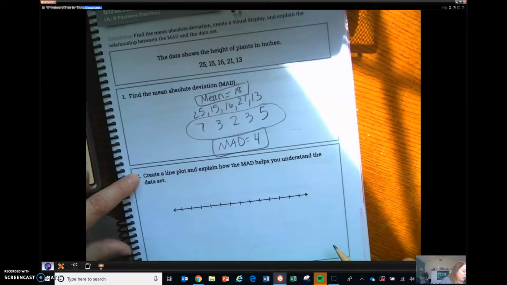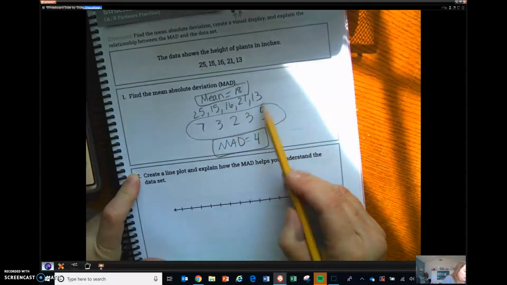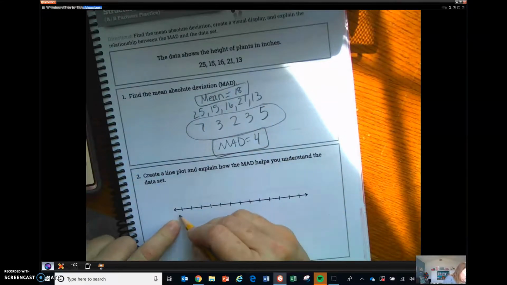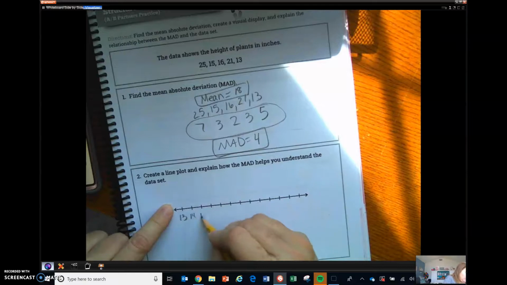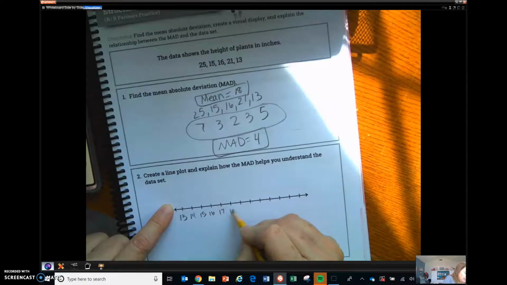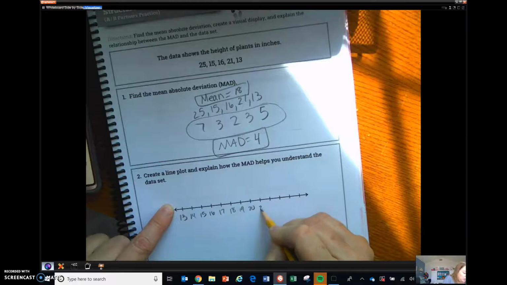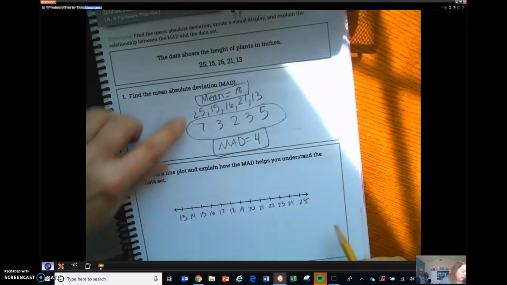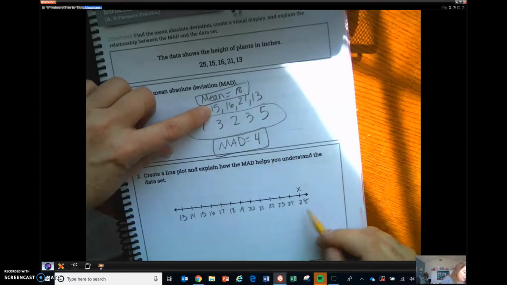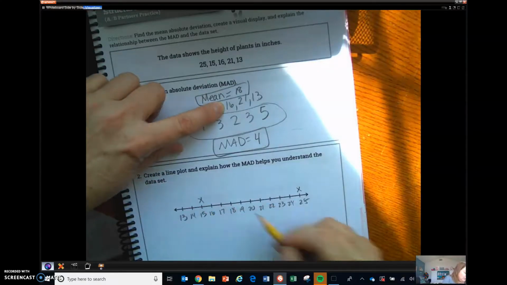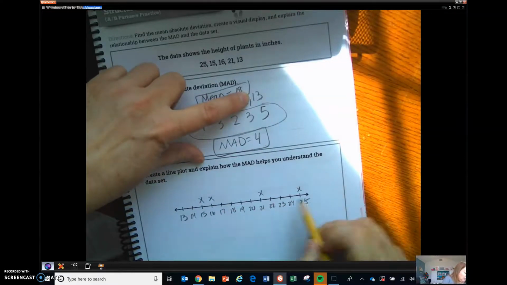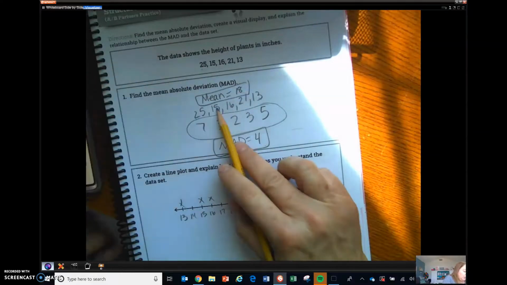So let's go ahead and plot these numbers. I need to include 13 through 25. So I'm just going to start with 13, 14, 15, 16, 17, 18, 19, 20, 21, 22, 23, 24, and 25. 25 has one, 15 has one, 16 has one, 21, and 13. 1, 2, 3, 4, 5.